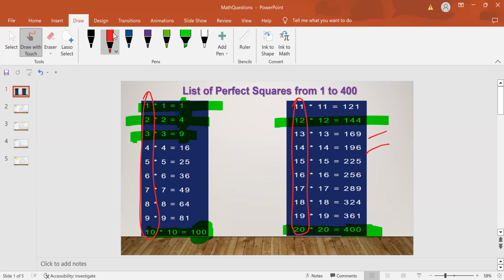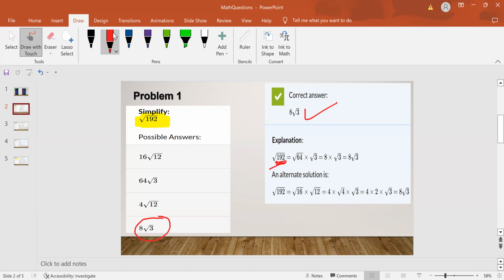So there is no 192. That means we need to break it down. Break it down, that's going to be the key phrase we use here. Yes, we're going to break it down to make it simple.